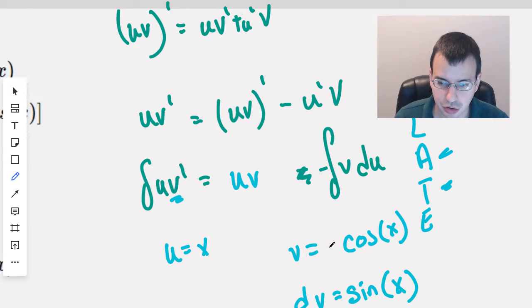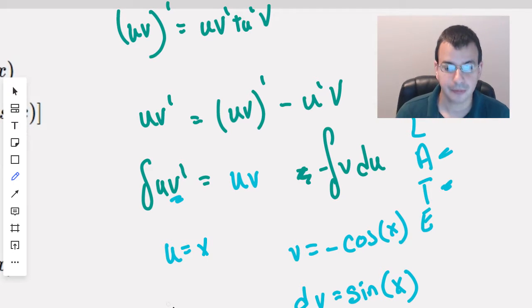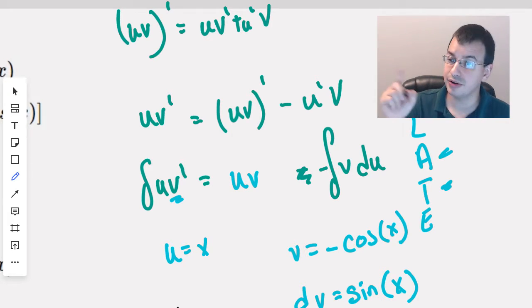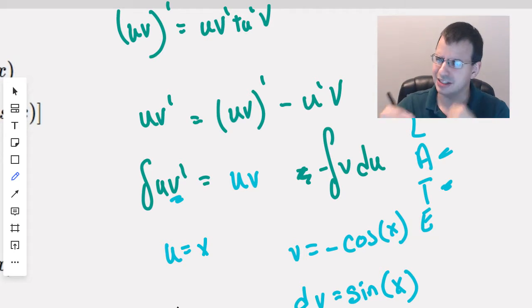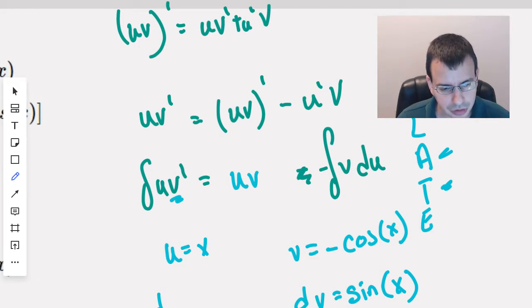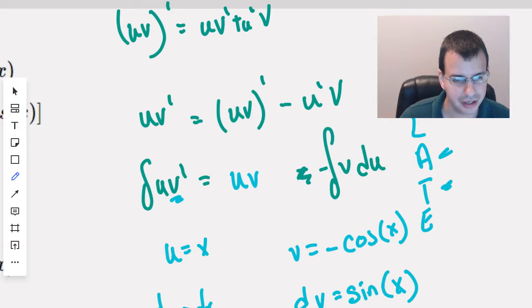So the integral of sine will be negative cosine. The only one I actually remember is that the derivative of sine is positive cosine, and cosine is the opposite of that. Then we have du equals 1 dx.